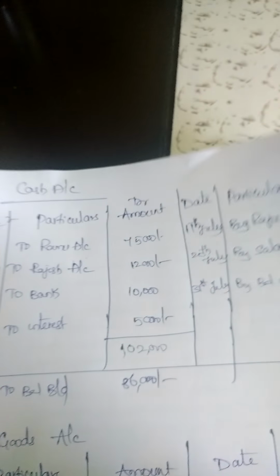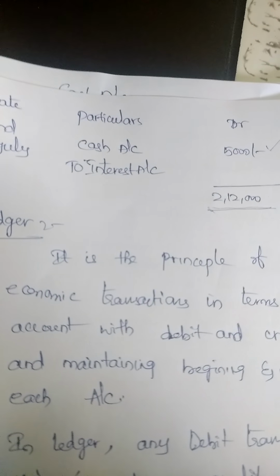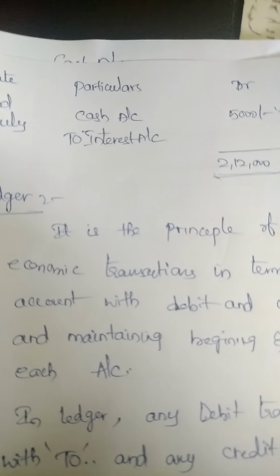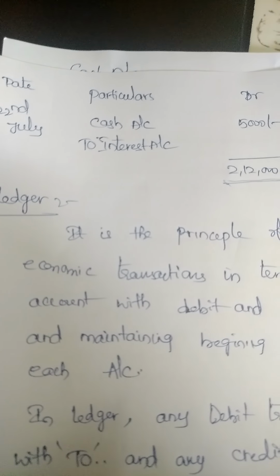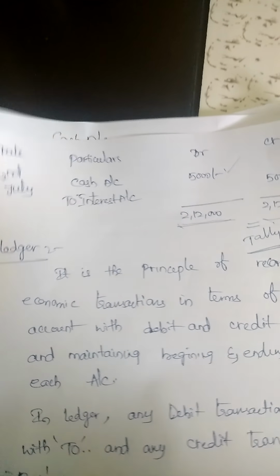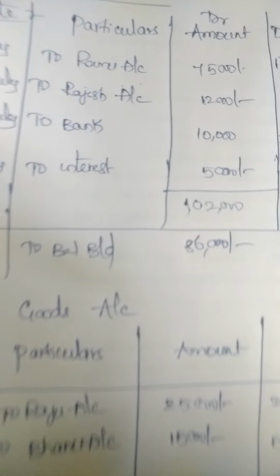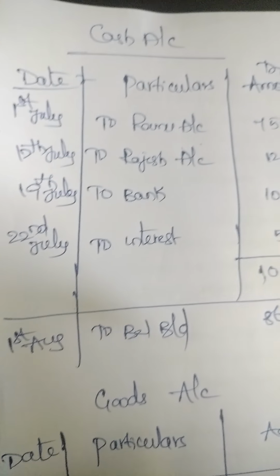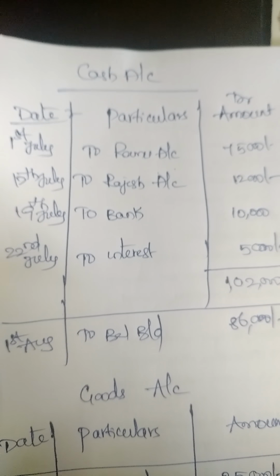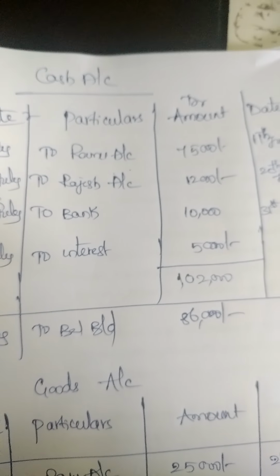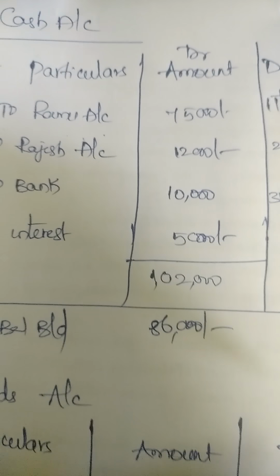Next, on 22nd July, we have one more transaction with the cash account that we already saw, that is to interest. To interest account we have to write under the ledger on 22nd July. The dates we must clearly mention in the problem and also the amounts.